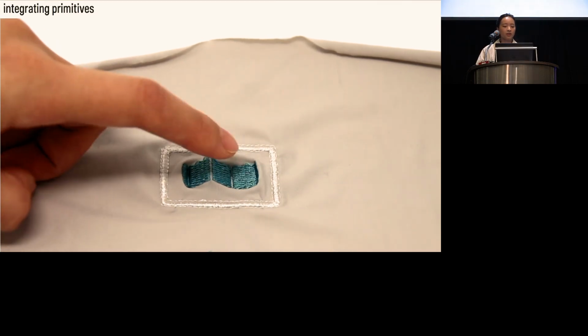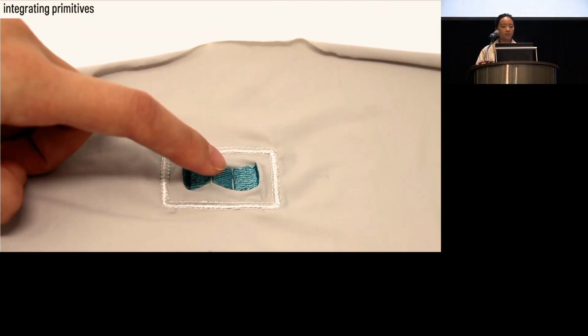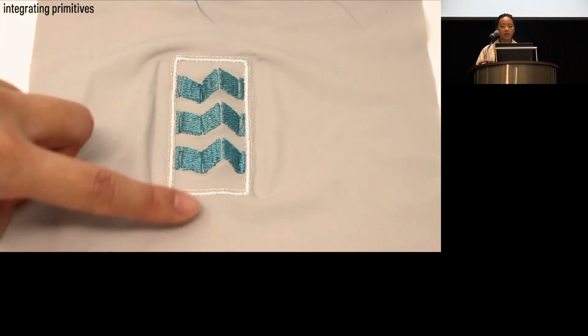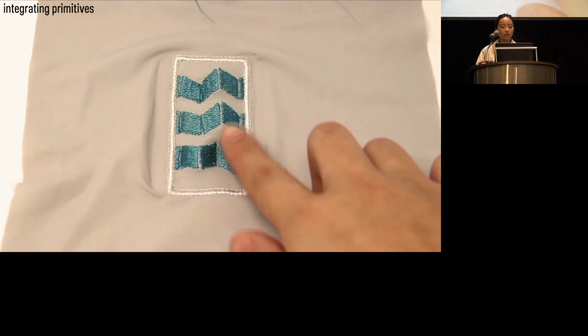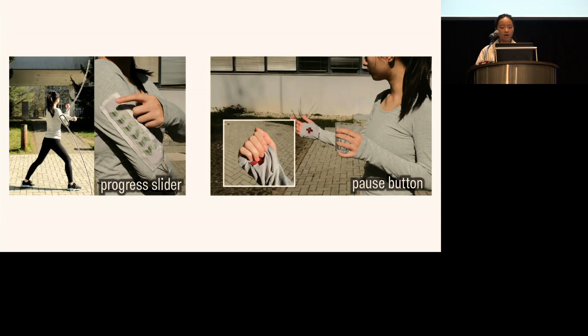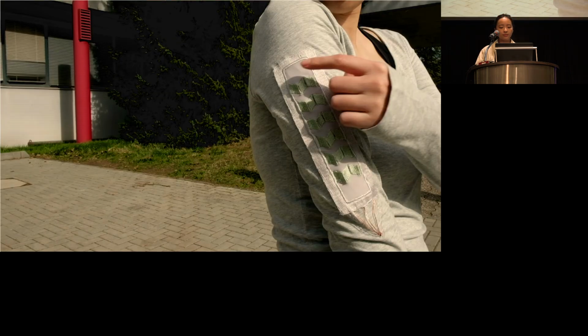Two cells can also be integrated to create toggling behaviors. Aligning multiple toggles together creates a slider that can be user-triggered to show different shapes corresponding to the user input. For example, we use this slider and an additional button to build a top that allows users to control their running progress tangibly and without carrying additional devices.